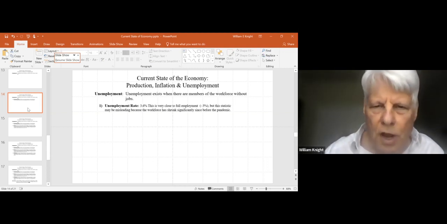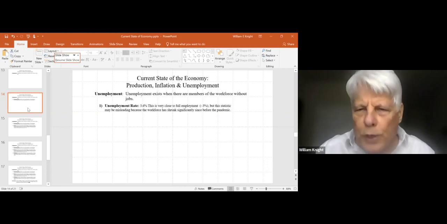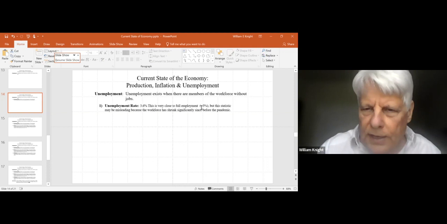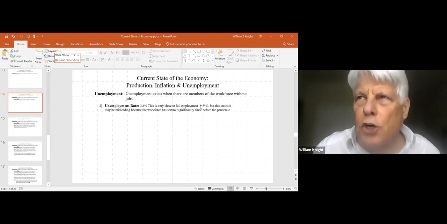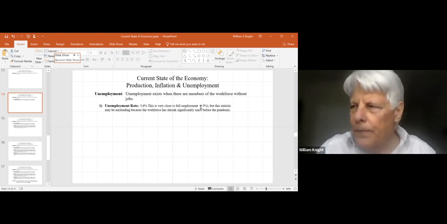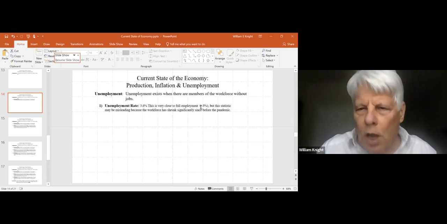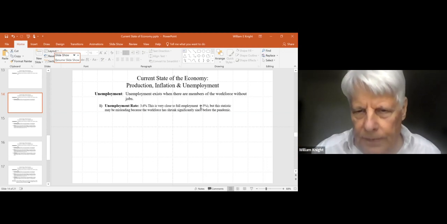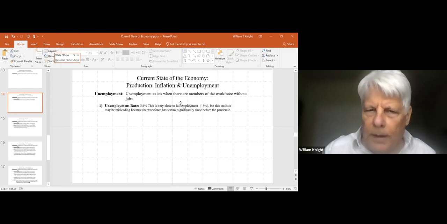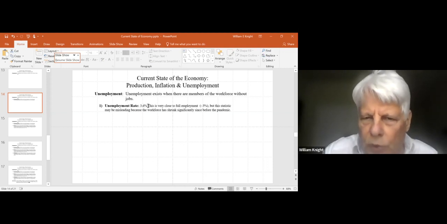Full employment, as you know, is somewhere around 3% unemployment. Of course, that 3% exists because of the structural and frictional unemployments, which are those categories of natural unemployment. They're going to exist irrespective of how strong the economy is. So a 3% unemployment rate is considered full employment. So the current unemployment rate is 3.6%.